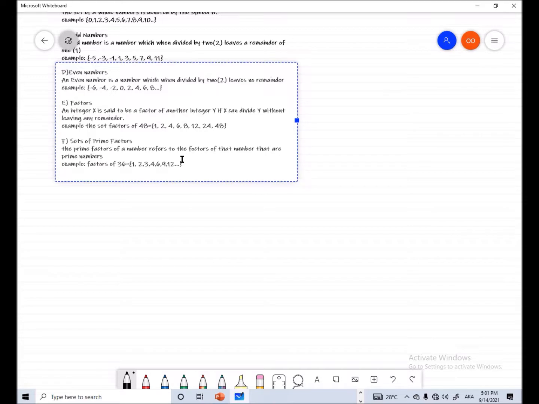Now we want to know the prime factors, the prime numbers, among the factors that we have been able to list.